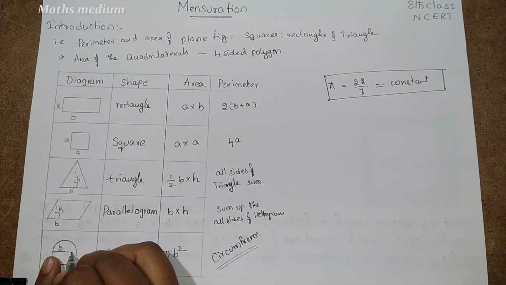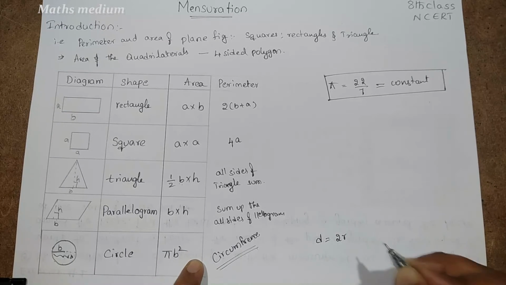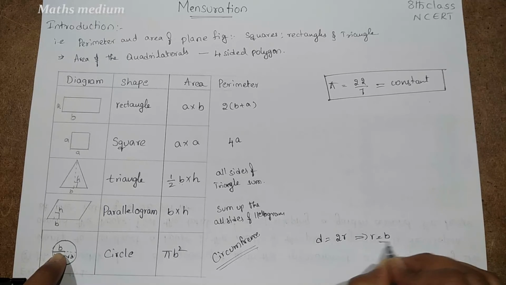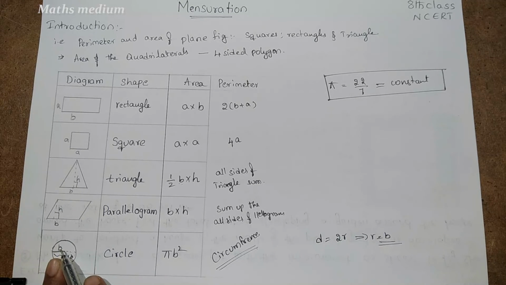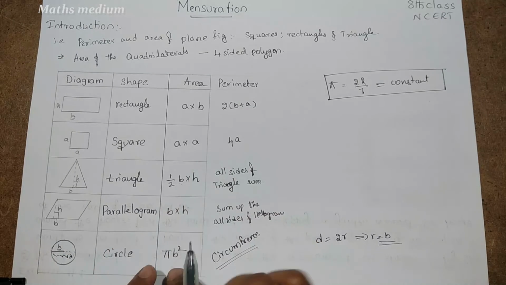If you prolong this, this is called diameter, right? So in this case, diameter is equal to 2r, but here r is equal to b as given. So this b is said to be the radius. So r square, it means r into r into pi, it means b into b into pi. So that is the area of the circle.